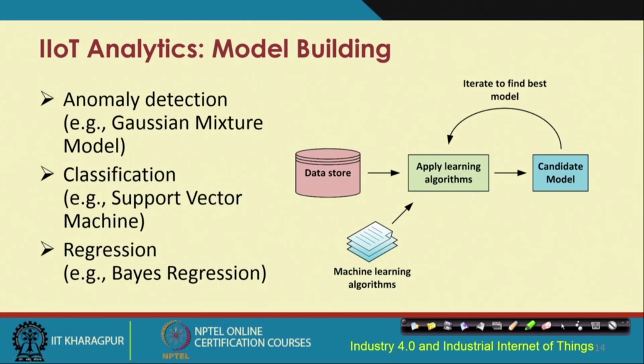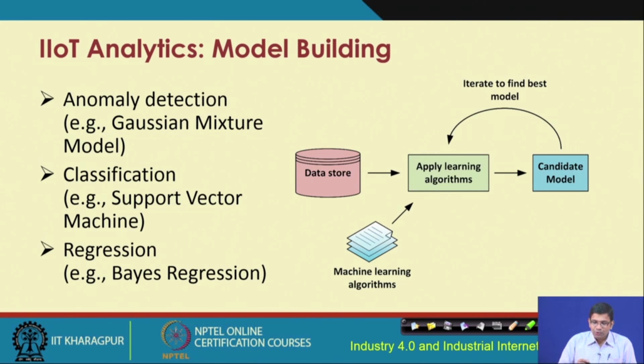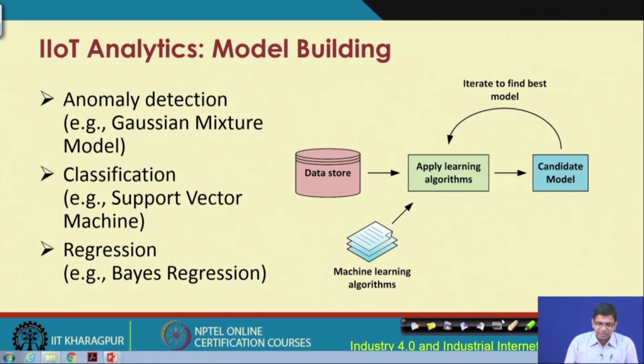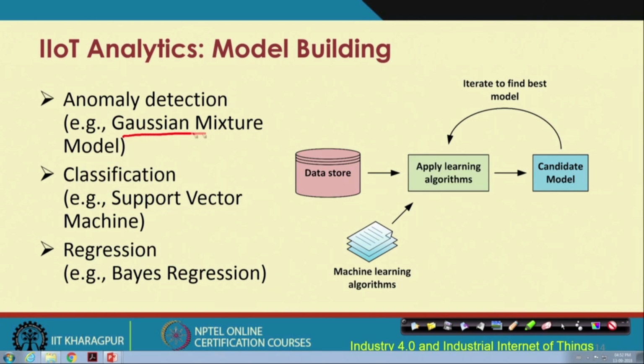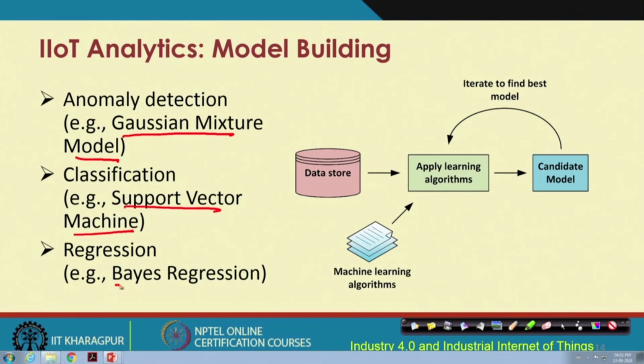Model building. For model building, I told you earlier that for machine learning, after feature extraction, model building is very important. So, for model building, different methodologies are there. For example, for anomaly detection, GMM models are there, Gaussian mixture models. For classification, SVM or support vector machines are there. For regression, Bayesian regression techniques are there.